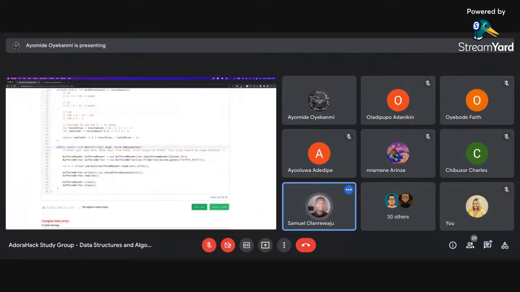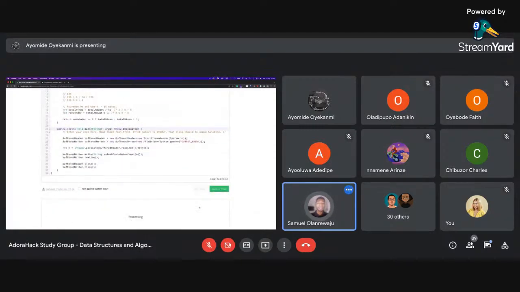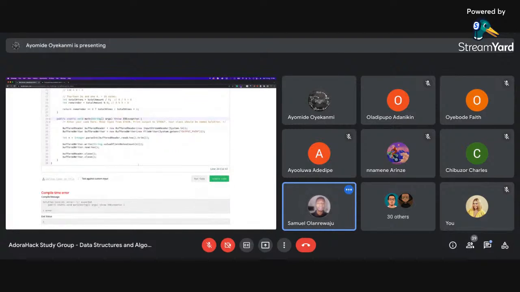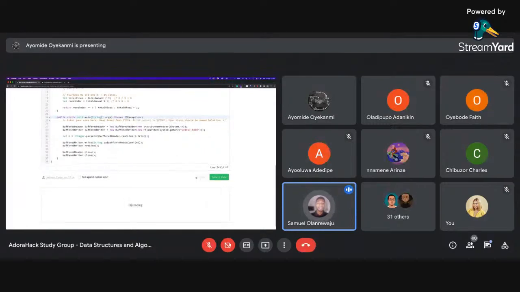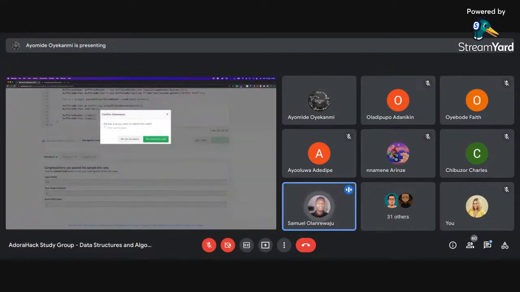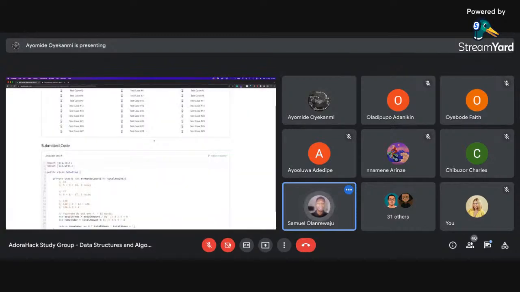Yeah, I just wanted to point out something concerning what the other guy said regarding the worst case scenario, where he mentioned if the total number is less than 9.